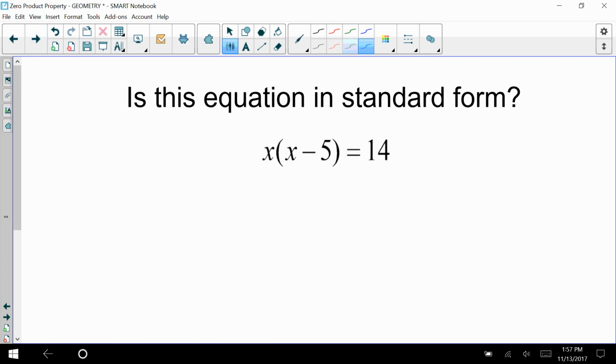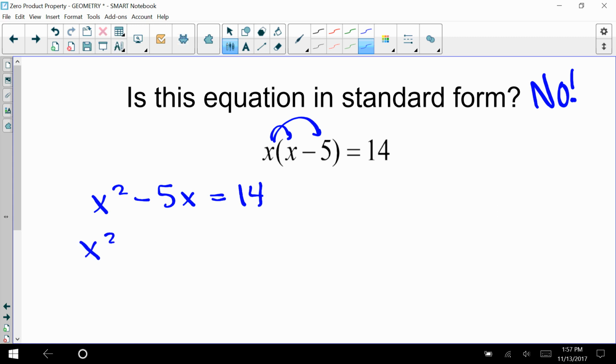Okay, a few more examples. So is this equation in standard form? No, so we need to rearrange it in standard form. So here's what we have to do. We actually have to multiply to then rearrange in standard form. And now we can think of factors of negative 14 that add up to negative 5.